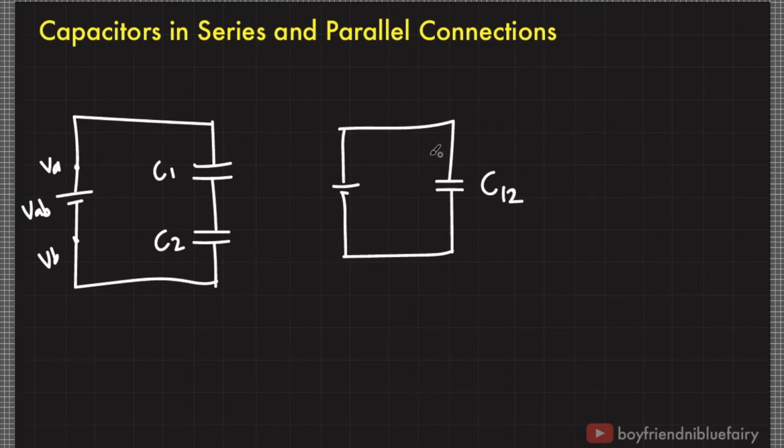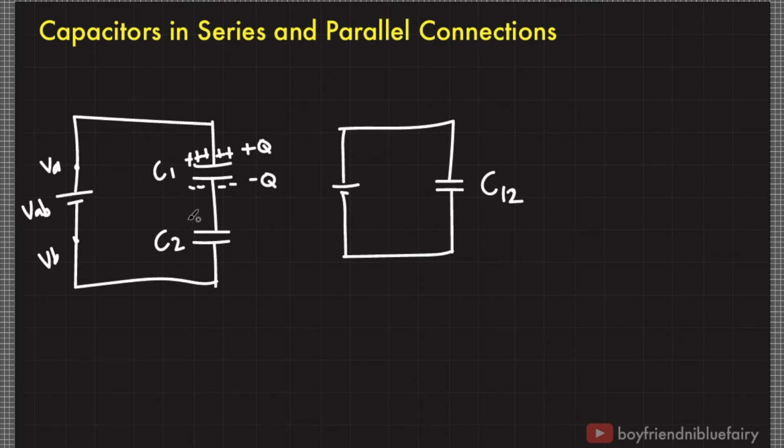So let's analyze the situation. When this battery pushes positive charge onto this wire, this part of the capacitor acquires positive charge. Let's assume that the charge accumulated on this upper conductor of C sub 1 is positive Q. Because of this, it will attract negative charges on the lower conductor of C sub 1, with the same magnitude, negative Q. And because of this negative Q, it will attract the charges on the upper conductor of C sub 2.